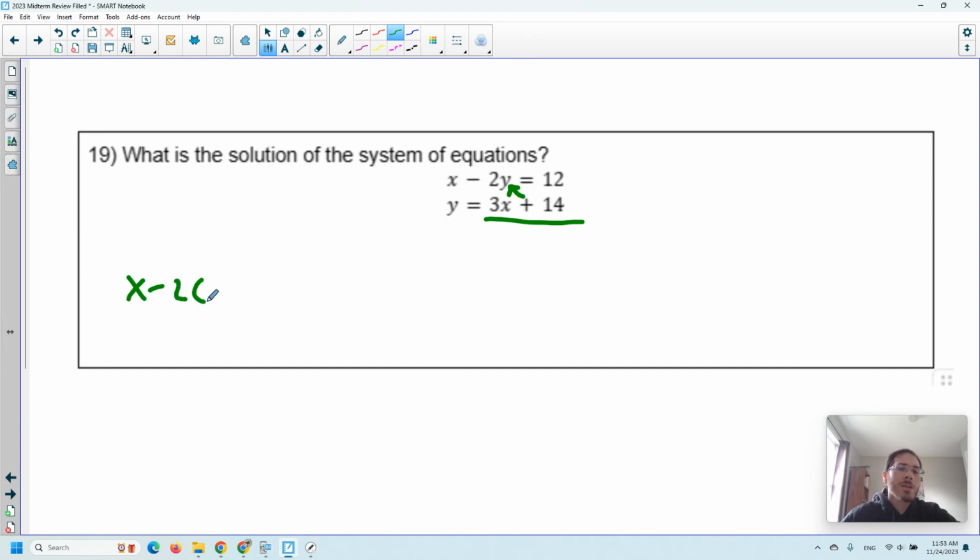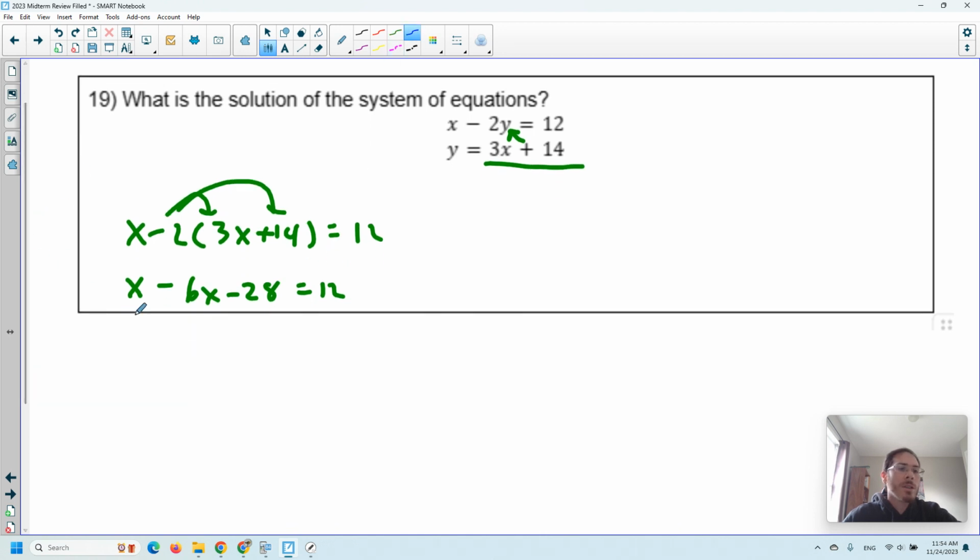So x minus 2 parentheses 3x plus 14 equals 12. Just like the last one, I'm going to distribute this negative 2. X minus 6x. Negative 2 times 14 is negative 28. I'm going to go ahead and combine my like terms this time.